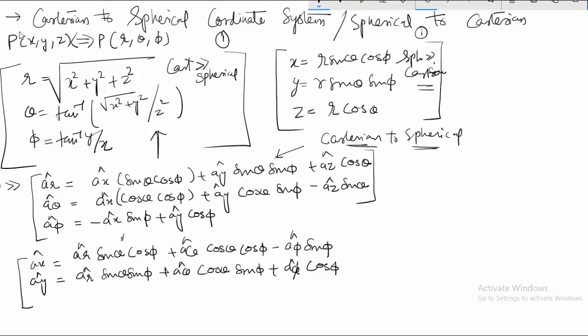So you have to differentiate between theta and phi. And AZ is equal to AR cos theta minus A theta sin theta. So this is how you are converting the unit vectors from spherical to Cartesian.